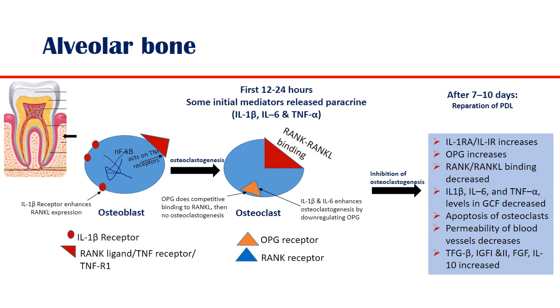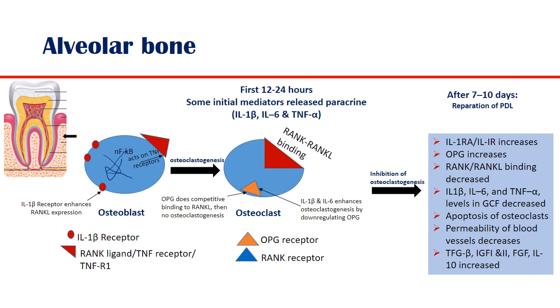So again, please mark my words, there is an activity index, which is interleukin 1 beta divided by interleukin 1 beta RA, the receptor antagonist. If the receptor antagonist becomes more, osteoclastogenesis becomes less, so the activity index becomes less. But if interleukin 1 beta becomes more, the activity index becomes more, so osteoclastogenesis happens.